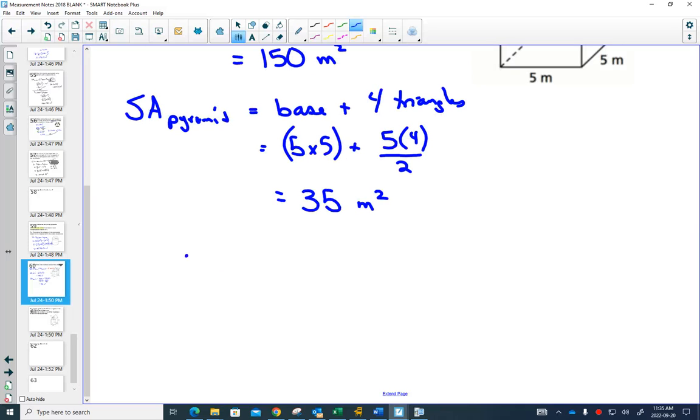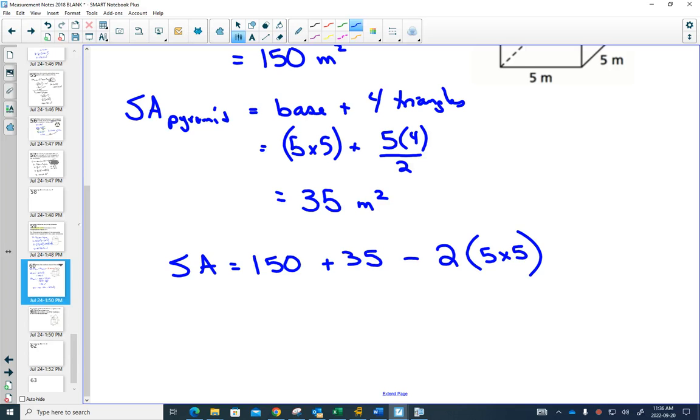So then my total surface area is going to be the 150 plus the 35, and I still need to subtract the 2 squares. So that will be 2 times 25, or 50. And my final answer is 135 meters squared.